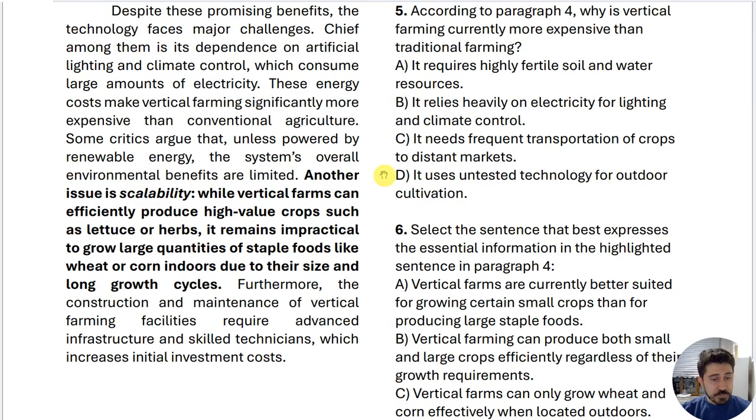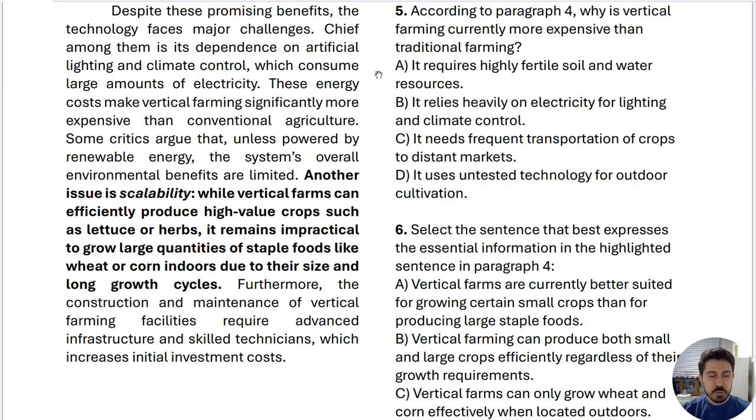The fifth question is a fact question. Fact questions are typically easier than negative fact questions because you only need to focus on the correct information, but still we have to be careful about them because we cannot always guess where from the paragraph the specific information will come from.